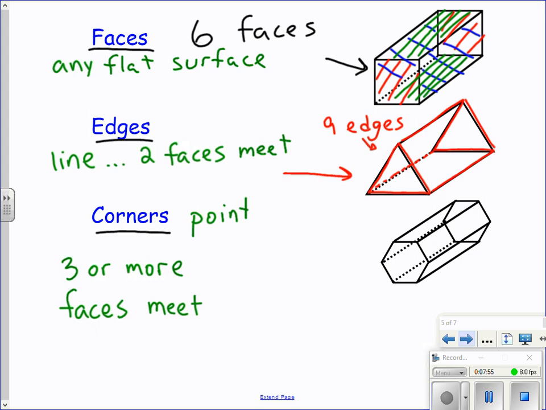So here we have a corner right there because that's where 3 faces meet, the 2 top ones and the front face. So if we count up the corners here, we've got 1, 2, 3, 4, 5, 6, 7, 8, 9, 10, 11, 12. We have 12 corners in this shape.